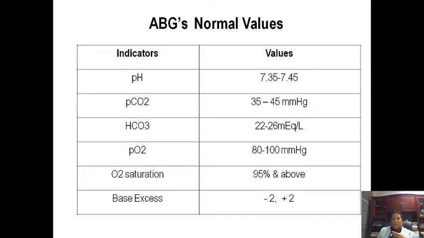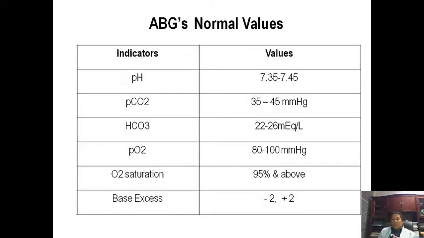Number one, blood pH. Remember that the blood pH is between 7.35 to 7.45. Anything below 7.35 indicates acidosis. Any blood pH higher than 7.45 indicates alkalosis.